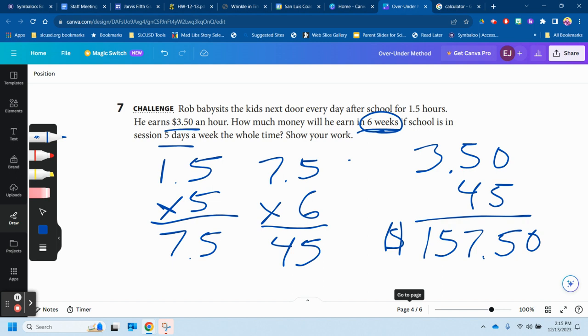Because we did that little checkup, and what they were asking for was pretty simple math. But the problem was people didn't know what they were asking for. They're asking for how much he's going to make in 6 weeks. That's the key. So you have to first find out how much he makes in a day, on 5 days. Then you have to times that by 6 because he works 5 days a week for 6 weeks, and then you have to times it by the money, or as in our novel Alain Degardas, the money.